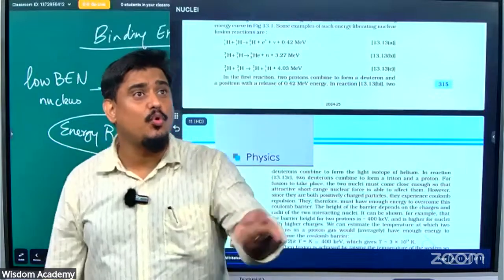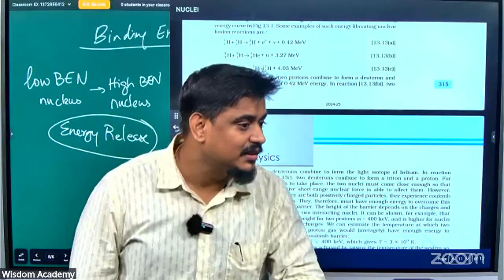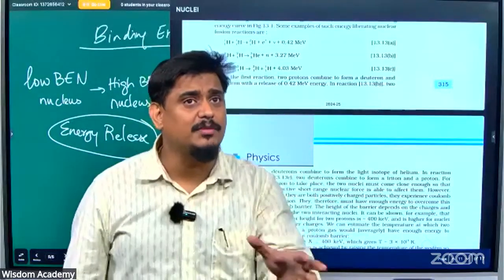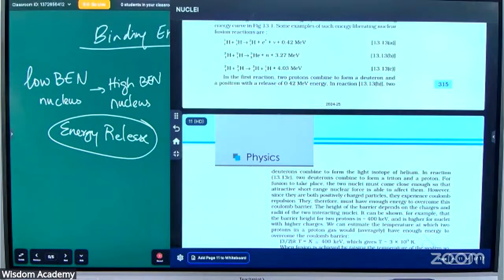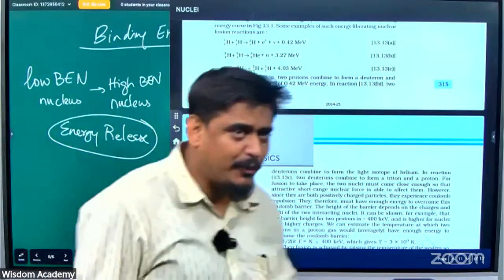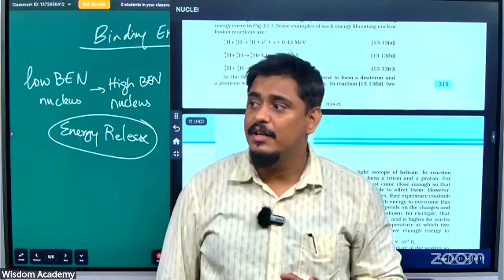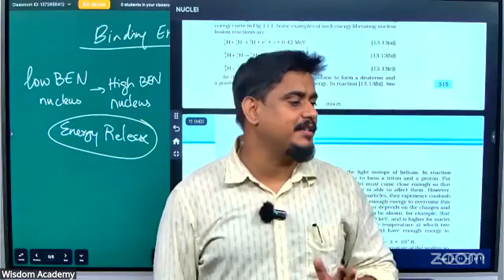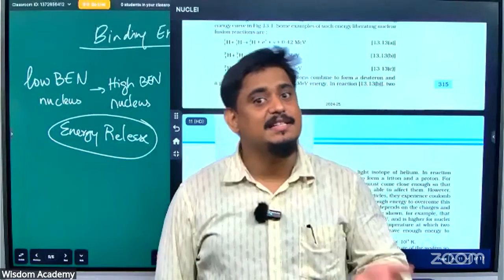And we have to overcome this proton repulsion barrier. Only if you are able to overcome this proton repulsion barrier can your fusion reaction be conducted. Are you getting my point? And to overcome that, what do we need? We need very high temperatures, very, very high temperatures. That is again a tension.